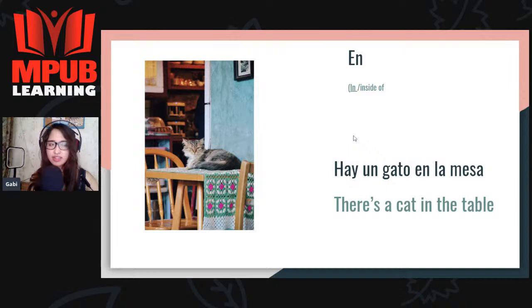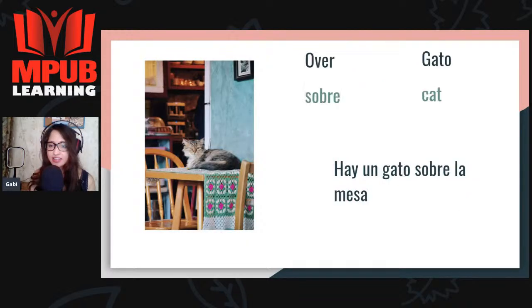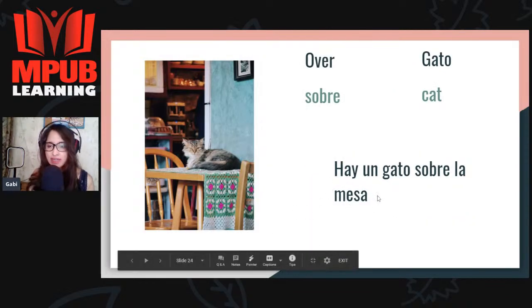Now, we are going to see this again in the next lesson as well, but this is the word en. So it would be the same as saying hay un gato sobre la mesa.